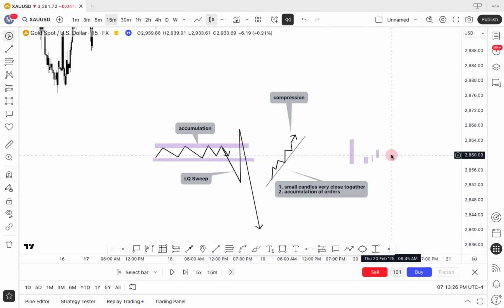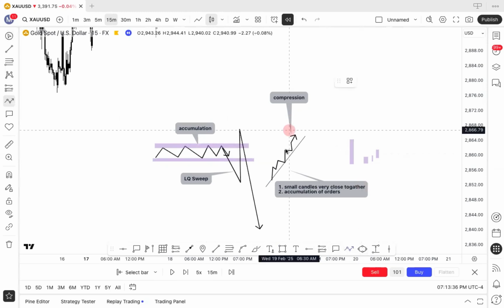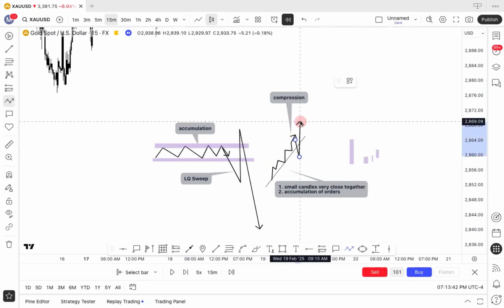We are compressed. We are squished together until buyers or sellers gain control. And once buyers or sellers gain control, guys, usually what happens is price will take some orders out to then reverse in the opposite direction.